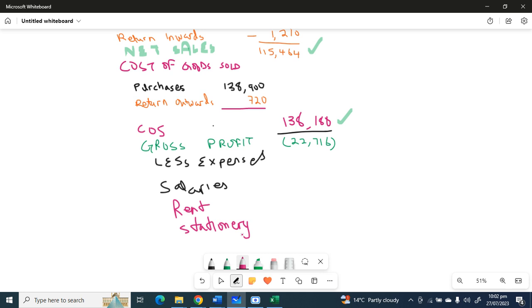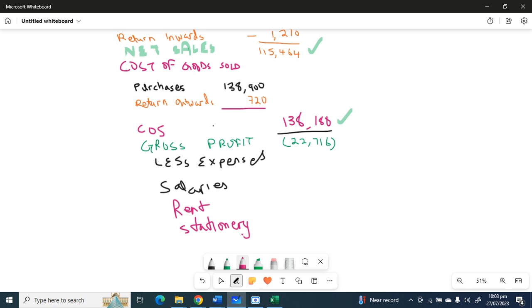Remember, whenever you're given a trial balance, just remember any forms of income, revenue, expenses, gains, or losses, they're all coming into the income statement. The balance sheet is only dealing with assets, liabilities, and capital.